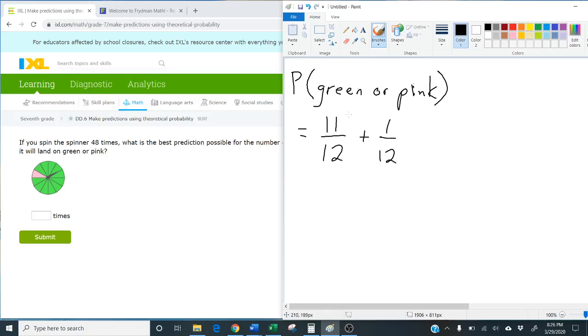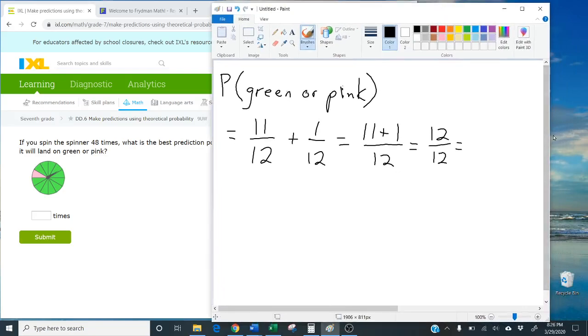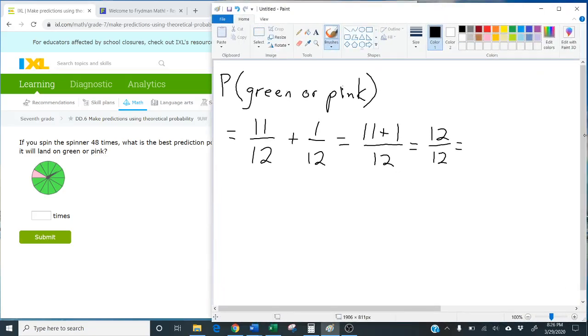So to find the probability of getting green or pink, we would add these two probabilities together, which means we add the numerators and keep the denominator the same. 11 plus 1 is 12, so I get 12 out of 12, which is equal to 12 divided by 12 is 1.